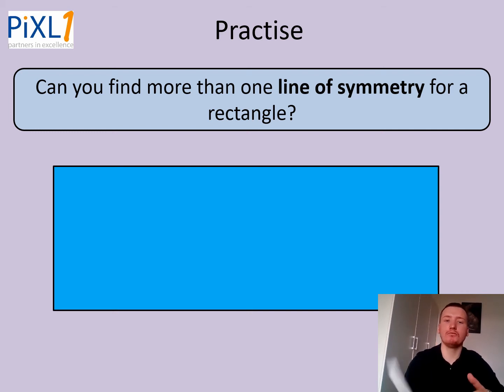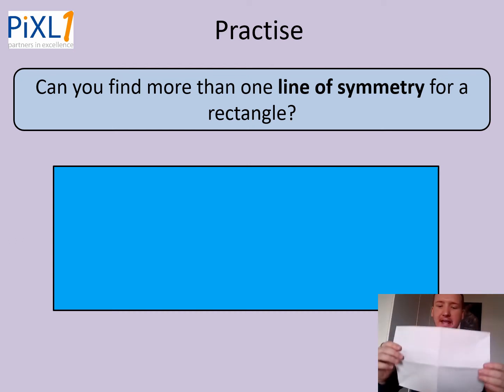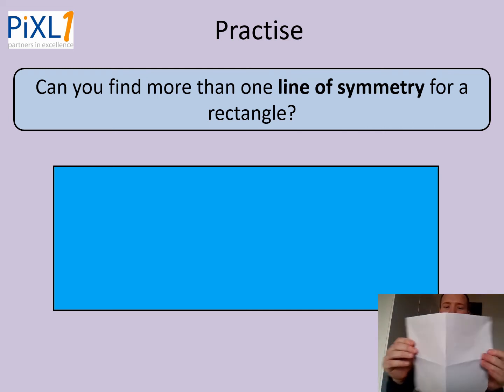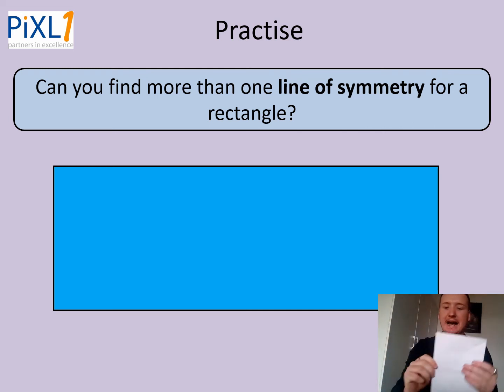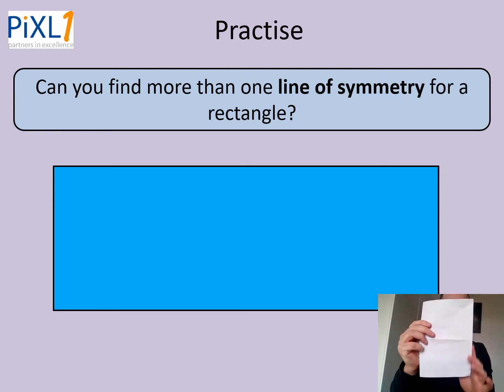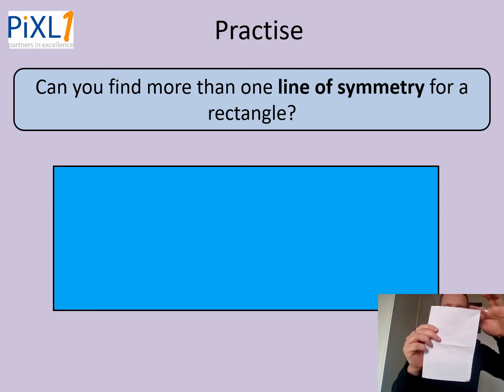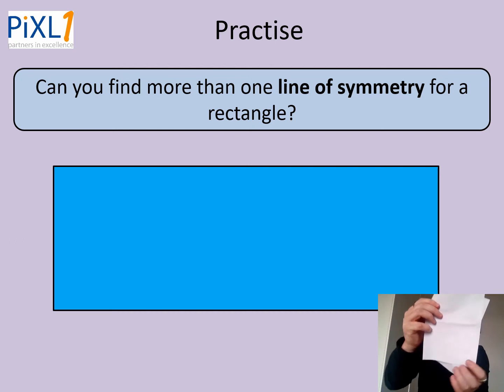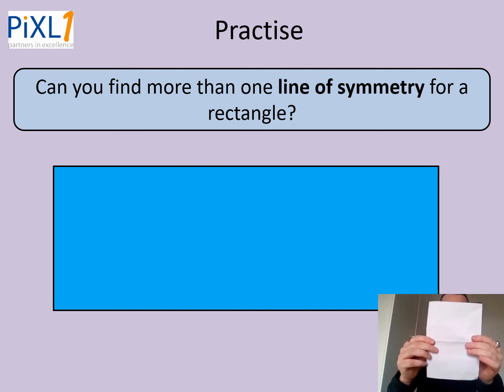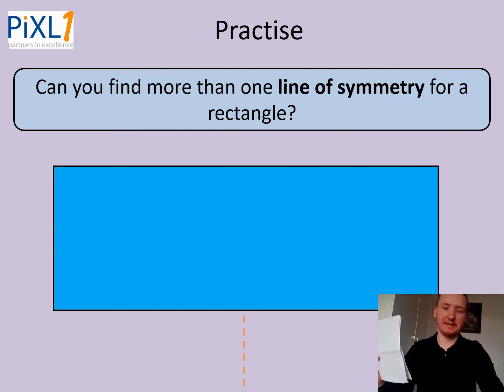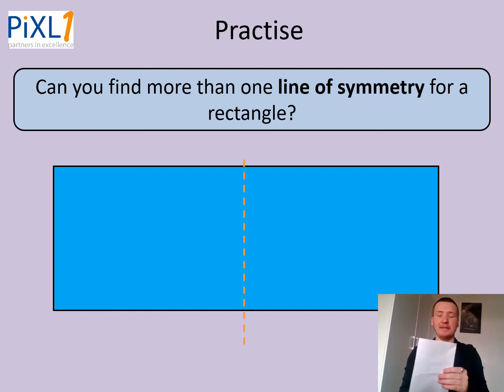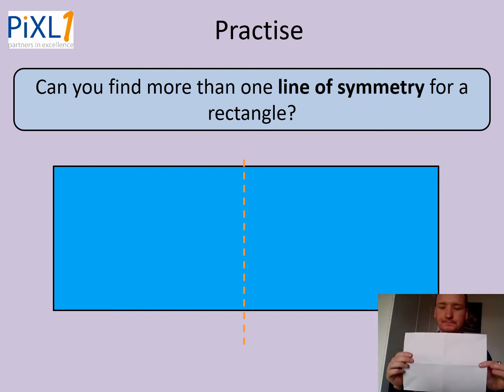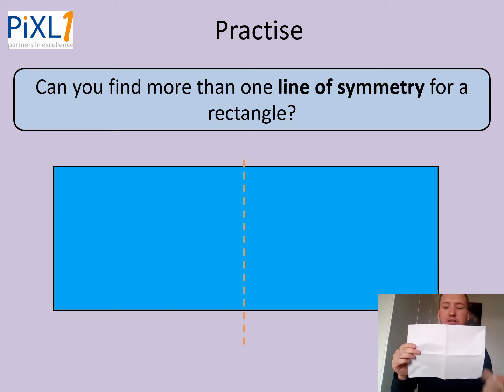Okay, so let's run through it together. If I fold my piece of paper straight down the middle, I need to check, do the sides match up with no overhanging? My answer is yes. So my first line of symmetry is straight down the middle. Now, I fold it back open and check if we've got a horizontal line of symmetry.